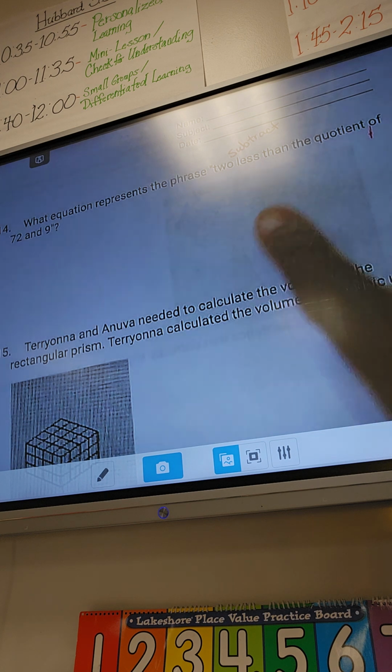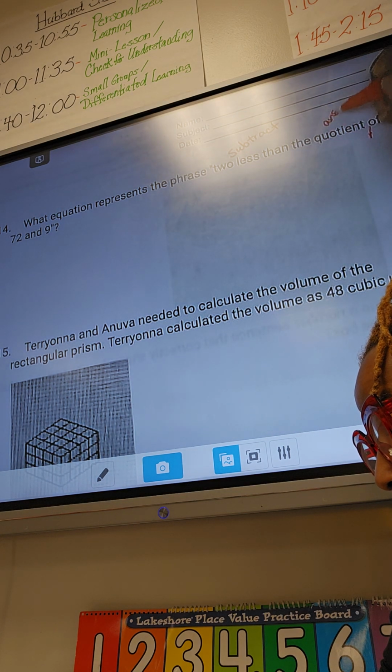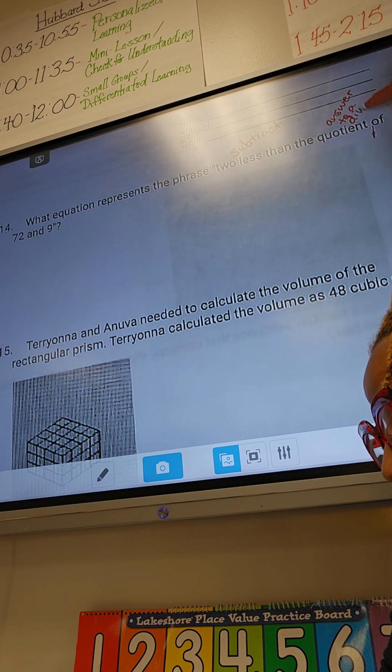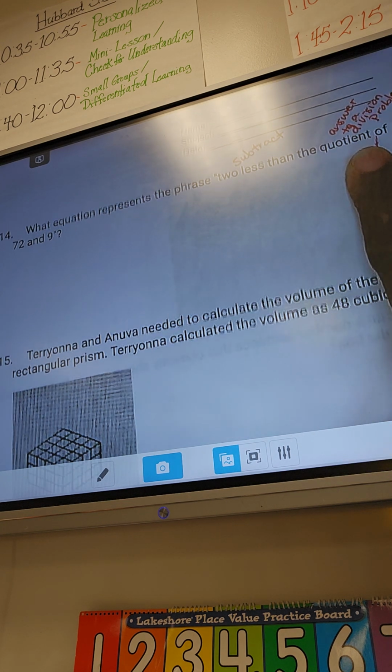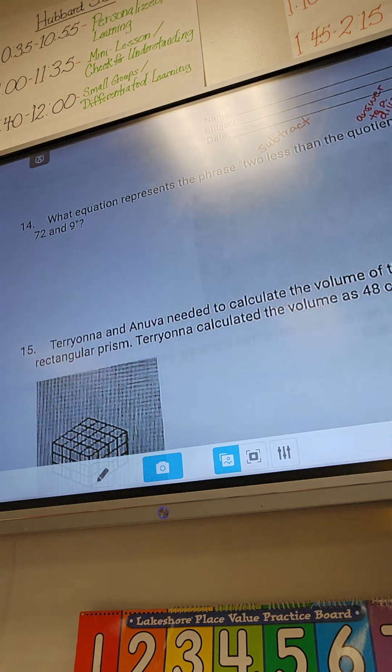But it says 2 less than the quotient. I know this is the answer to a division problem. So I can't subtract until I have the answer to the division problem, because it says 2 less than the quotient, which is the answer to the division problem of 72 and 9.